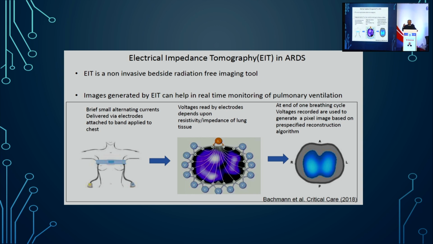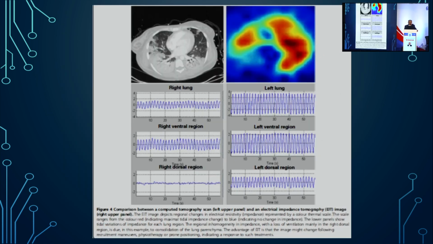So, if the lungs are more solid, it will be more resistive. And it creates a radiological sort of picture on the screen, which tells you which parts of the lungs are ventilated and which parts are not ventilated. As you can see on the right side, it's like a radiological image which appears on your ventilator screen.